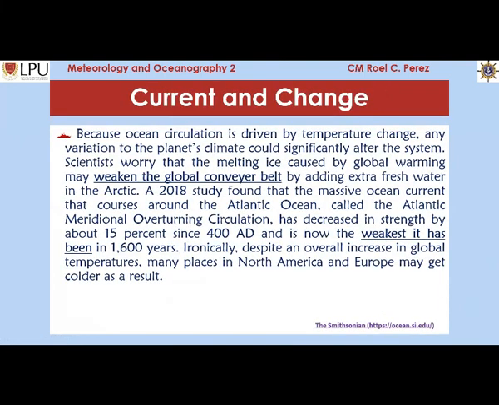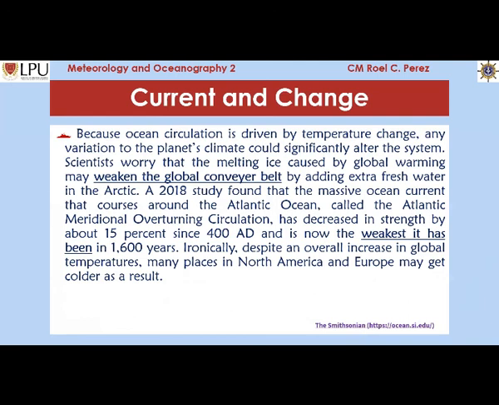Okay, current and change. Because ocean circulation is driven by temperature change, any variation to the planet's climate could significantly alter the system. So scientists worry that the melting ice caused by global warming may weaken the global conveyor belt by adding extra fresh water in the Arctic.